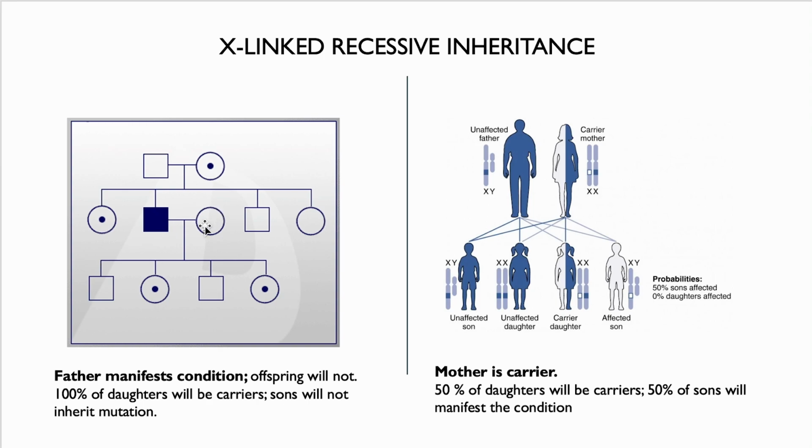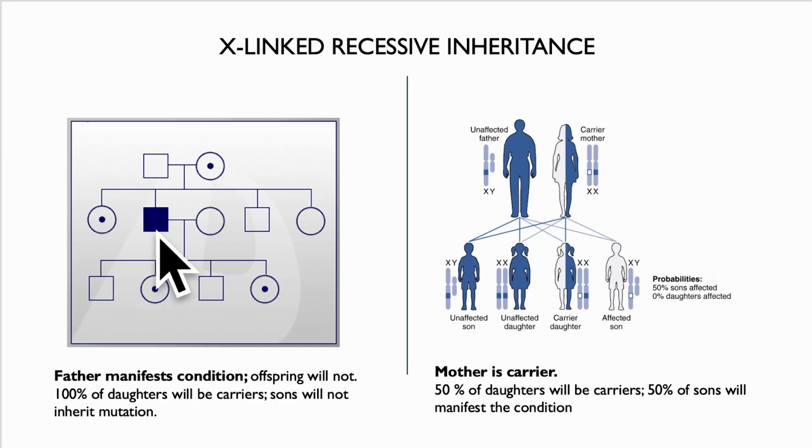This guy marries or has kids with a woman that is not a carrier. And notice that the sons don't inherit the mutation, they only inherit the Y chromosome. And the daughters inherit a good X chromosome from the mother and the mutated X chromosome from the father.